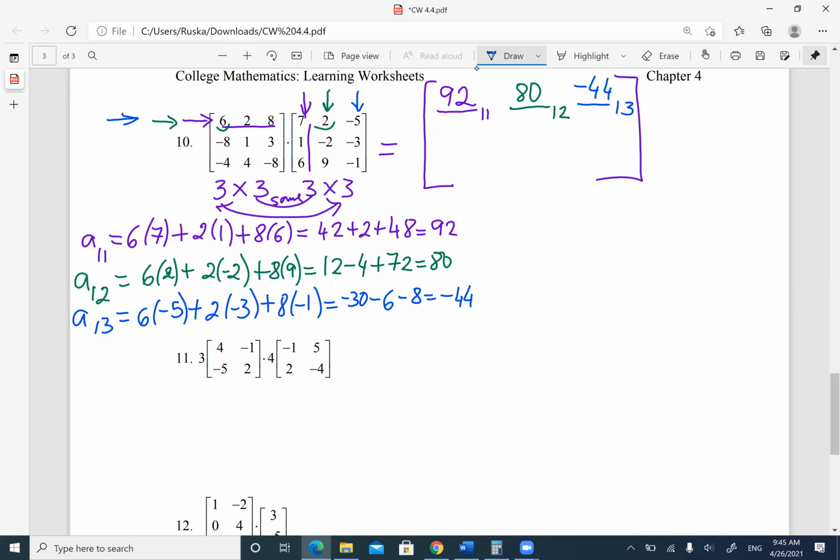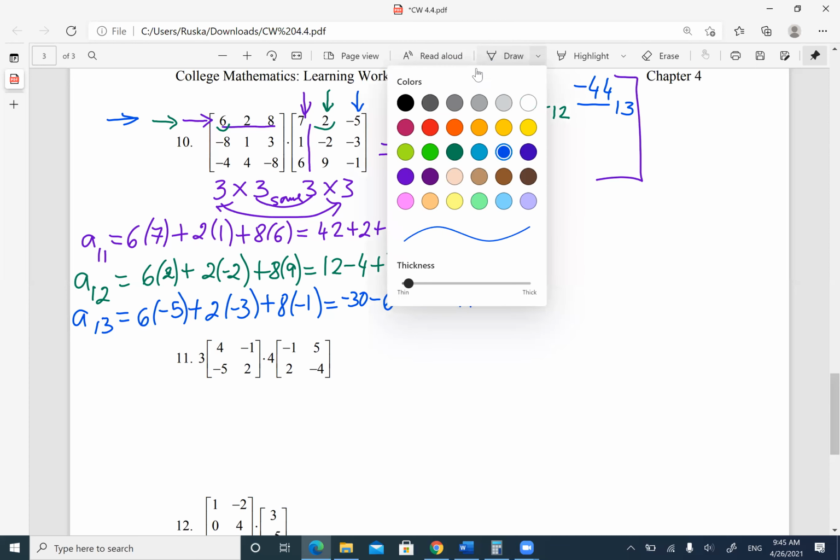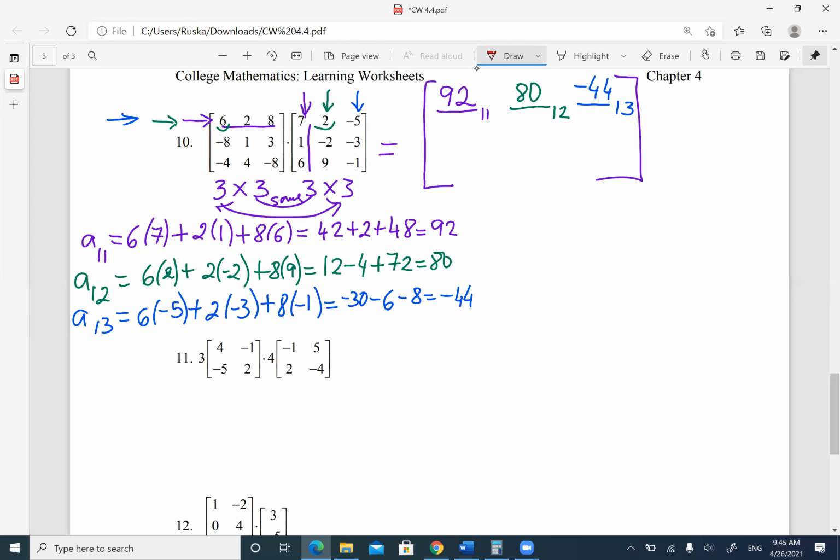Okay, then you're going to the next row. Here we need to find 9 numbers because the dimension is 3 by 3, right? So we're going to go to this one, which is second row and first column. So we have second row, and now you're doing the first column.